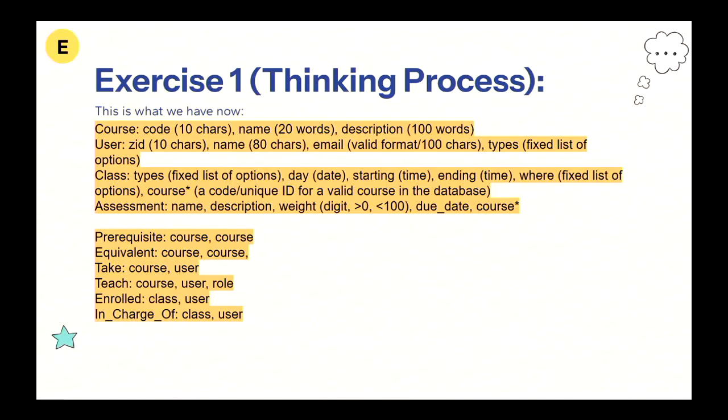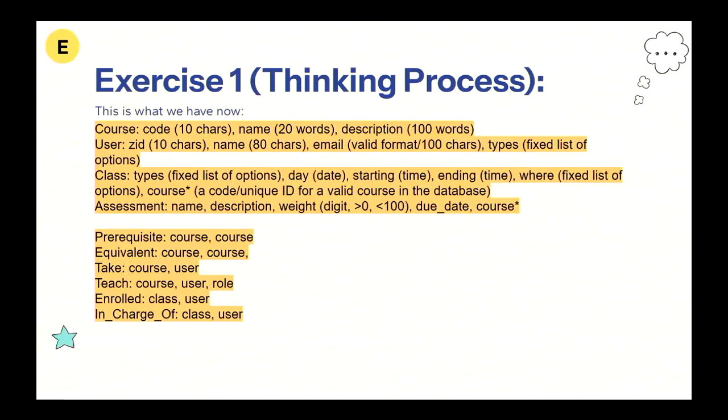For course code, we can safely limit the size of the course code to 10 characters. I believe no course here in UNSW has more than 10 characters in its course code. And for the name of a course, we can limit it to 20 words.